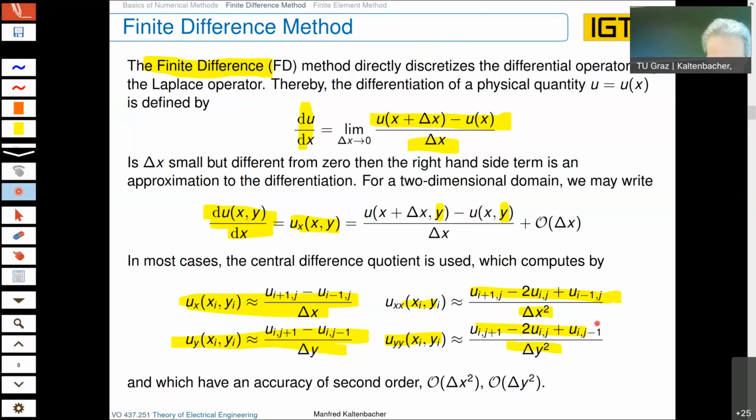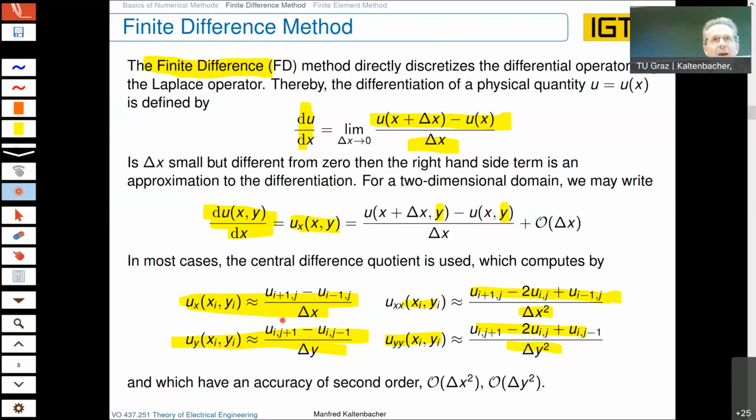So we evaluate, and now already written with the index. Yeah, I should say to you the index i plus 1 means x plus delta x. But we use the index simply because we will name all the nodes in the computational mesh, and so you see you will need straightforwardly the nodes on the left side and on the right side.